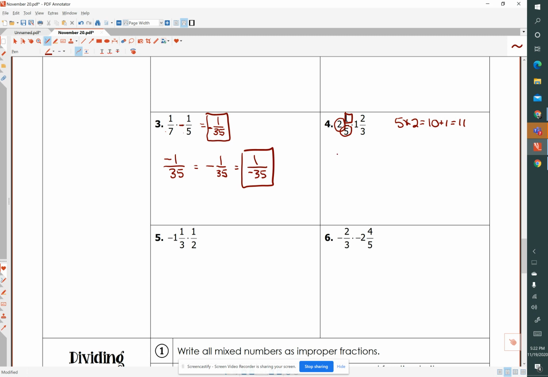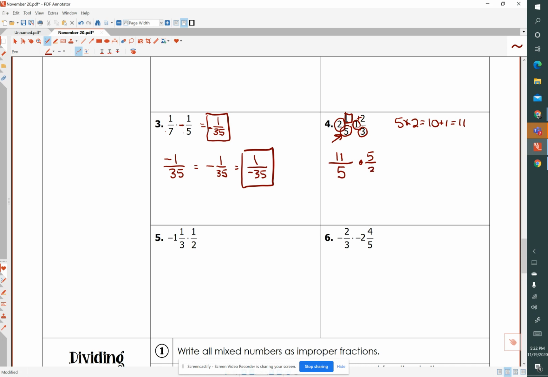And that's our new numerator, 11. But the denominator stays the same. So we have 11 over 5 times 3 times 1 is 3, plus 2 more is 5, and we keep the denominator of thirds.